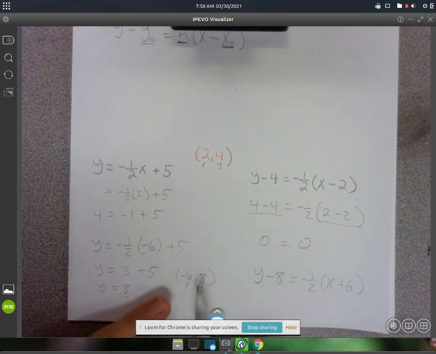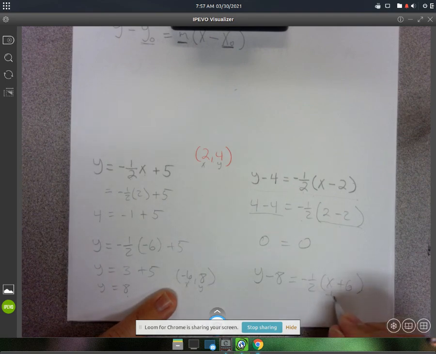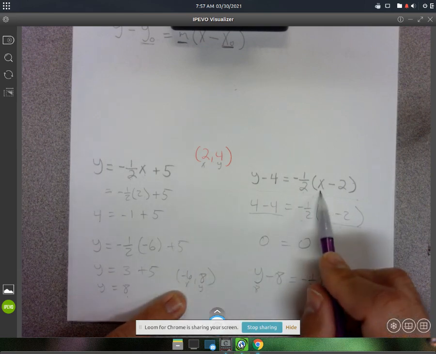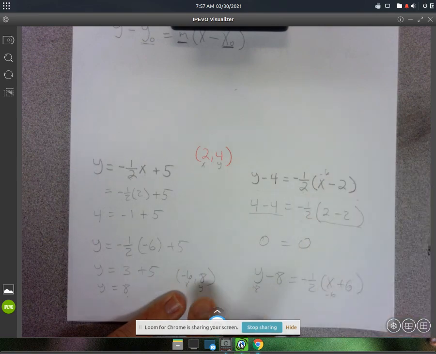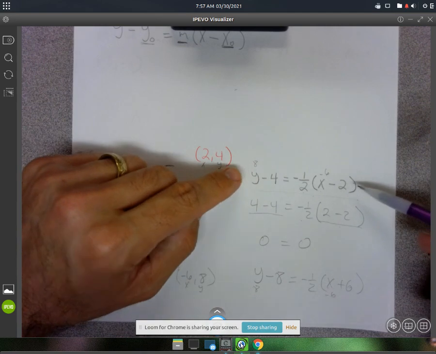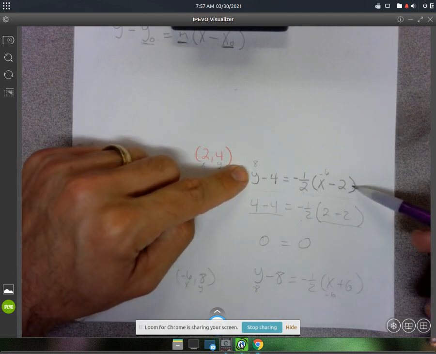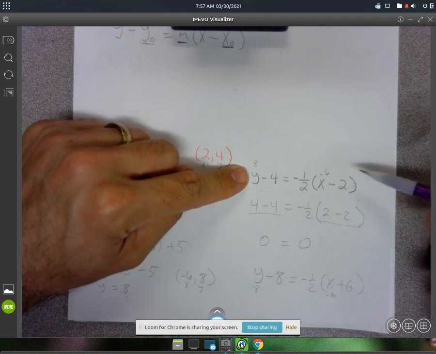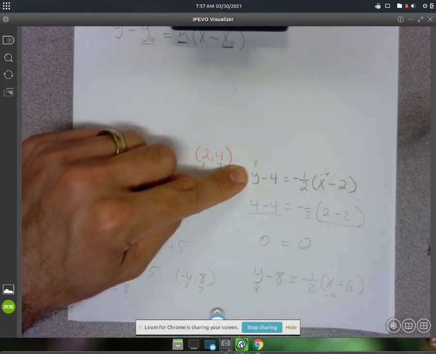Like I can see here, if I take negative 6 and plug that in for x, I'm going to get 0 right here. And if I plug in 8 for y, I'll get 0, and so it balances. I could even take negative 6 and plug it in for x up here, and take 8 and plug it in for y up here. Now the equation won't give me 0 back on both sides, but it will balance. It's going to give me 4 on the left side, and if I did it over here, it would also give me 4 on the right side.